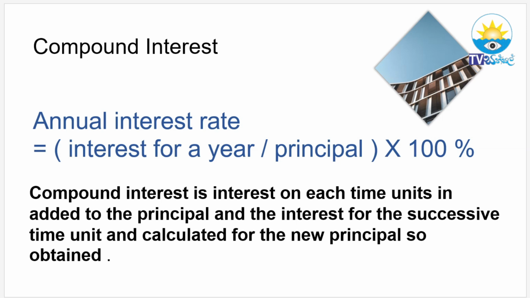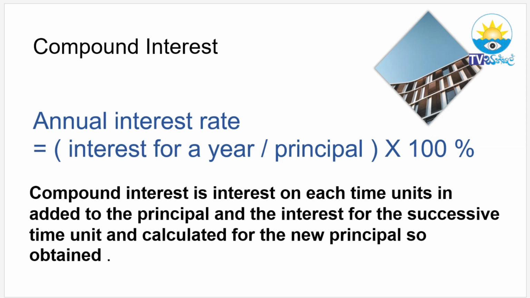You have calculated the annual interest rate using this formula that you can see on the screen: interest for a year divided by the principal and multiplied by 100%. You can obtain the rate of the annual interest. So we have to use this to solve the new questions under the compound interest scheme.